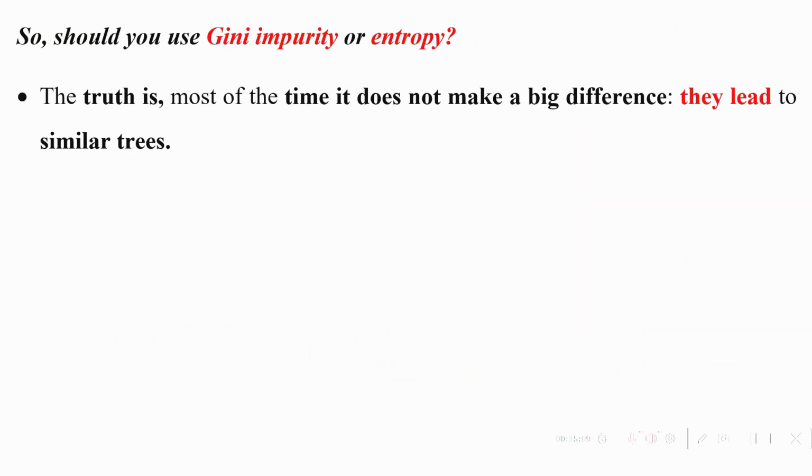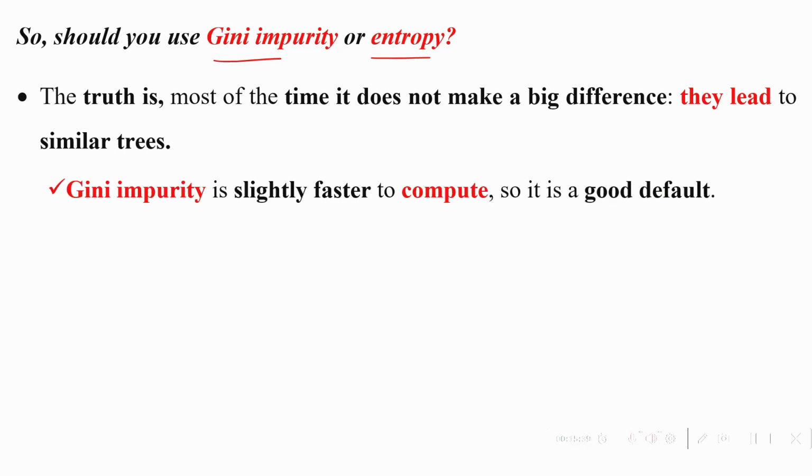Now, when you use Gini impurity or entropy, the truth is that most of the time it does not make a big difference. They lead to similar trees only. If you use either Gini value or entropy value, we can construct the decision tree. The representation of the data may differ, but the concept is the same. Gini impurity is slightly faster to compute, so it is a good default.